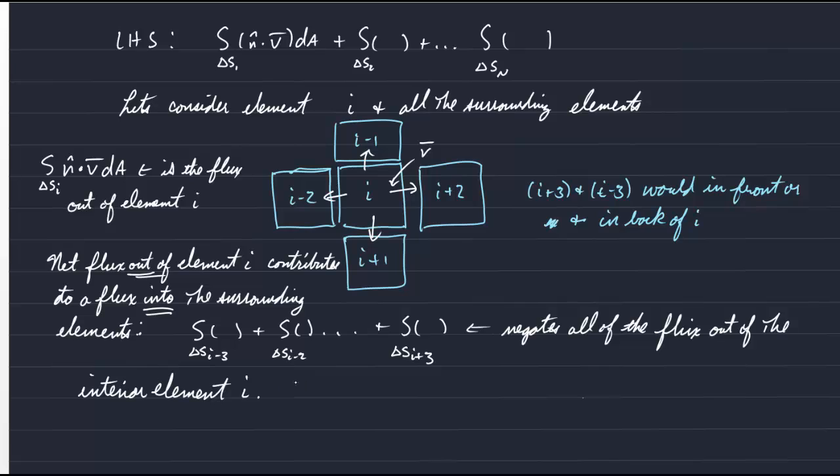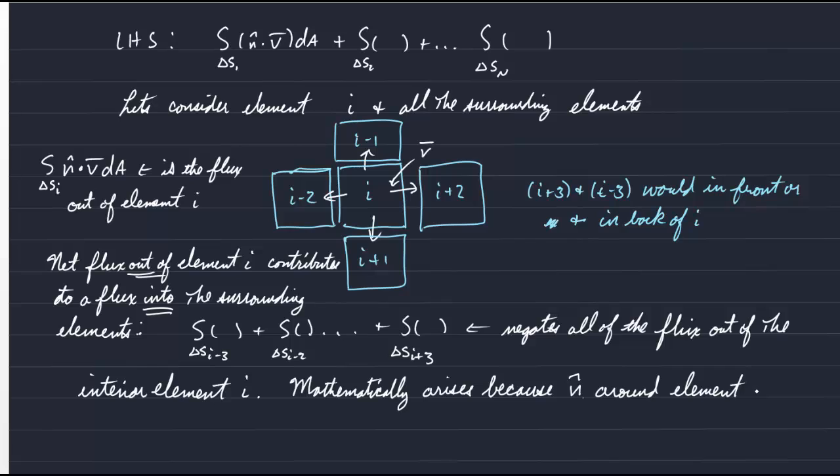And this arises mathematically because n hat around element I is exactly opposite n hat from the adjacent elements.